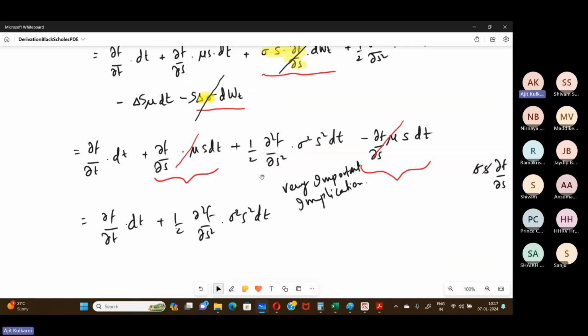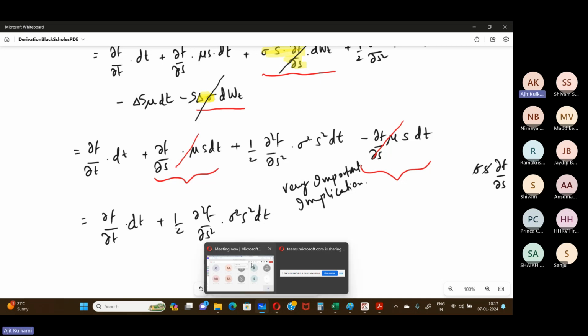So no stock specific growth rate related information is required for finding the change in price of a portfolio where a stock has been hedged perfectly by an option, right? That riskless portfolio just grows at a risk-free rate, right? I hope everybody can follow this.